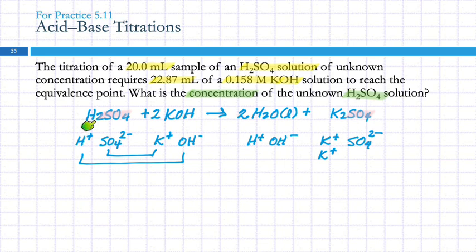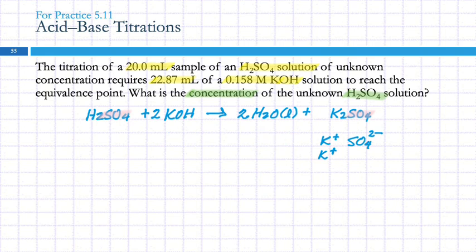This is a diprotic acid. It has 2 hydrogen ions, so that's going to need 2 hydroxide ions. So all of this stuff at the bottom was helpful in writing the balanced chemical equation, but it's getting in the way, so I'm going to erase that.